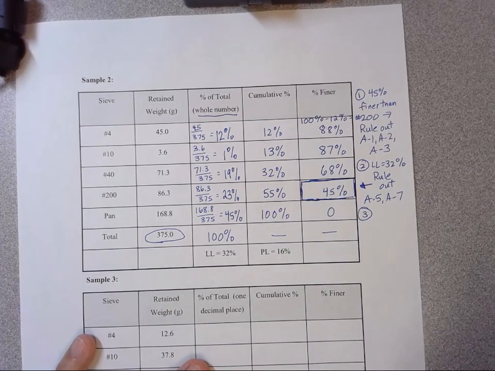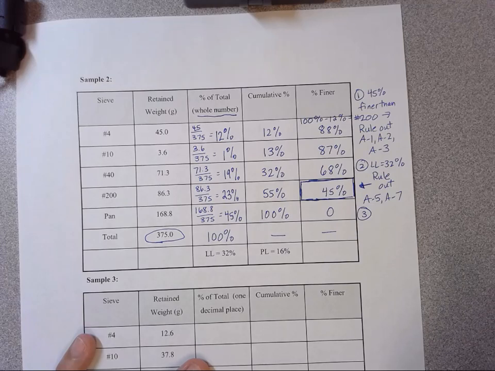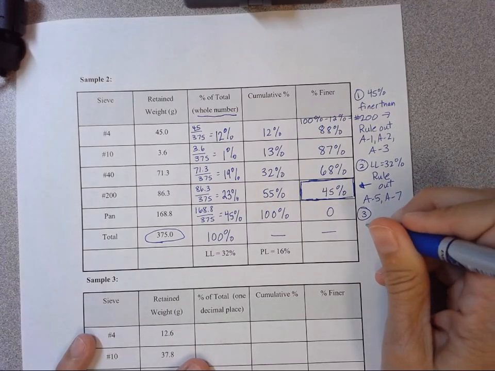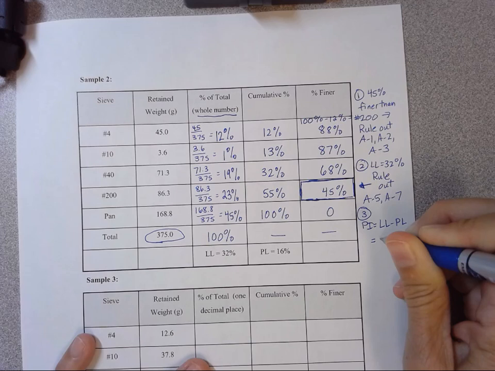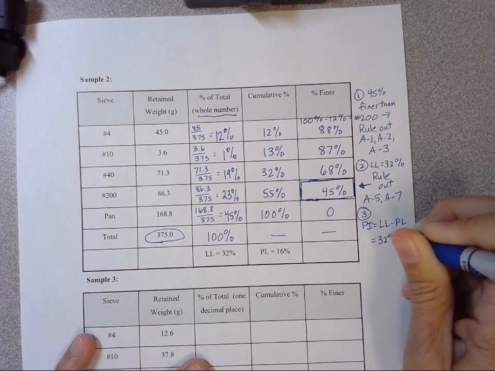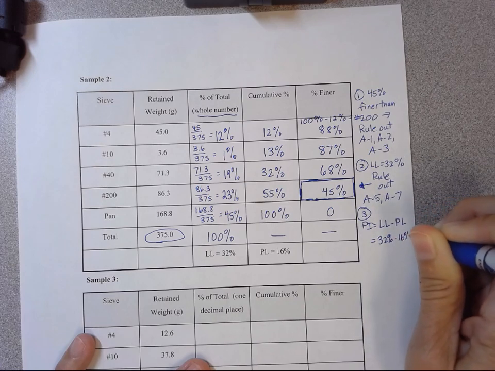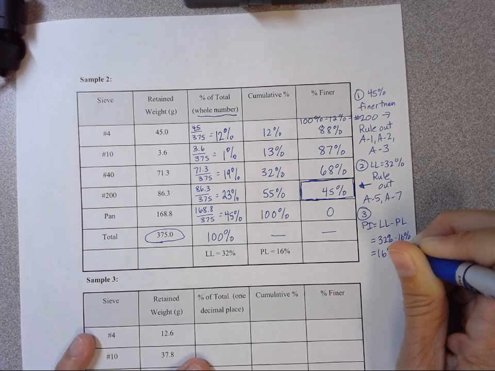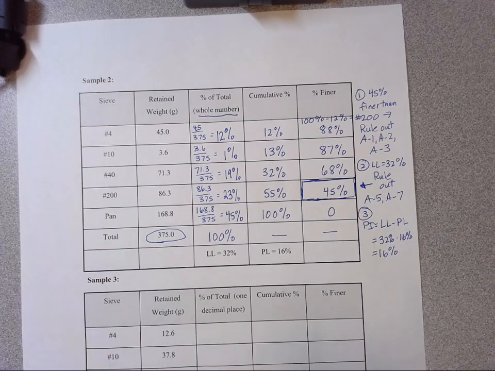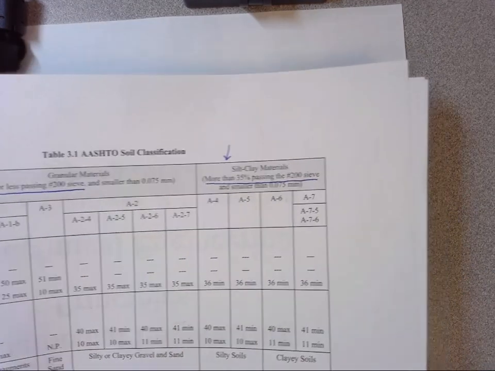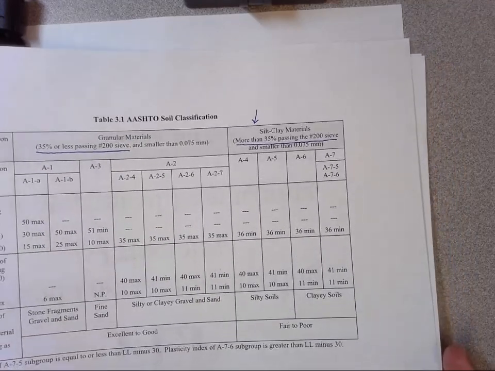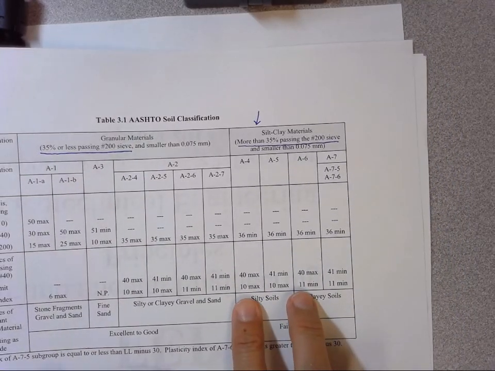My last thing here is my plastic limit is 16%. I know that I can't use that in my table, so I'm going to figure out my plasticity index, which is my liquid limit minus my plastic limit. So it's 32% minus 16%, and my plasticity index is 16%. I'm left choosing between A4 and A6.